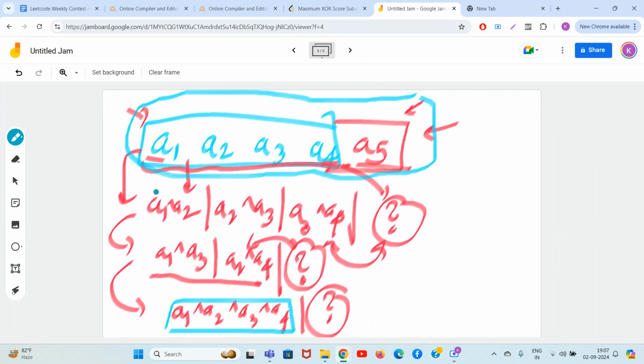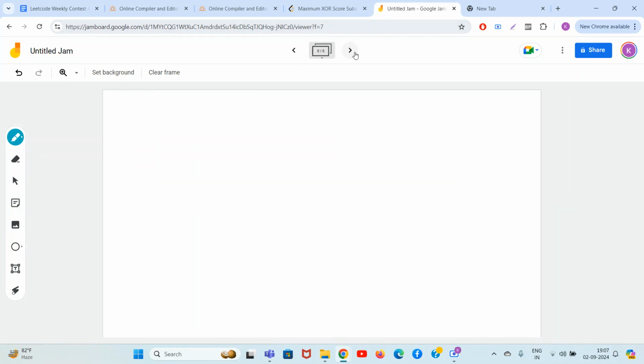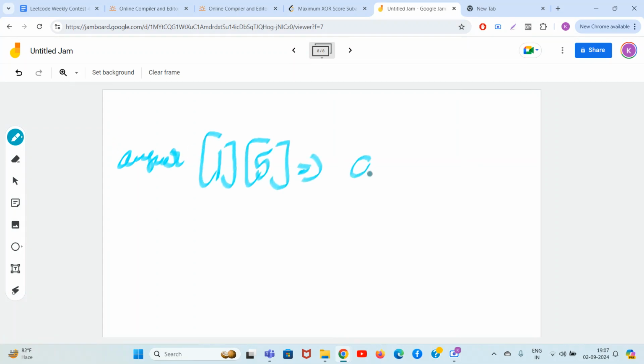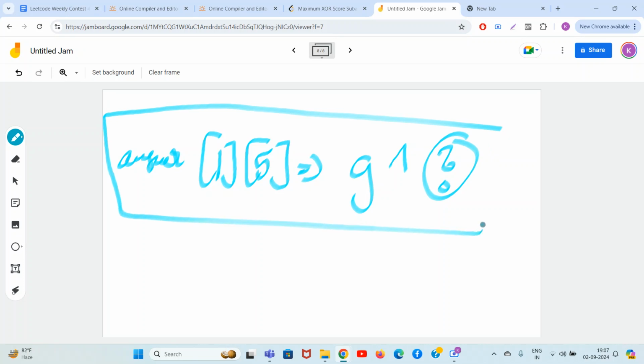So guys, if someone asks you the answer for five numbers, it will be the XOR of these two blue boxes I have made: G XOR question mark. If someone asks you the answer from 1 to 5, the answer is G XOR question mark. That's it. And G is nothing but the answer from 1 to 4 which has already been calculated.